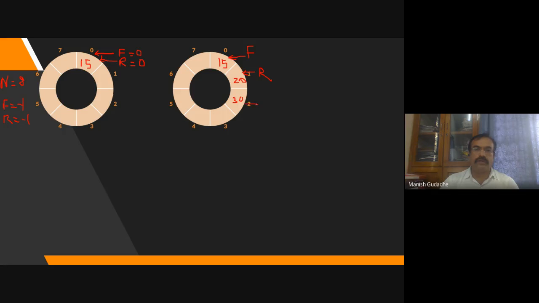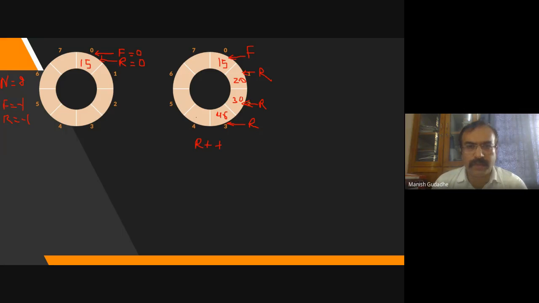R is going to point here. Here I am adding 46. R is going to point here. So it is working in a similar way to the previous one. That is, R is incremented by 1, and F remains the same if it is the second or next element. So that way we can understand.